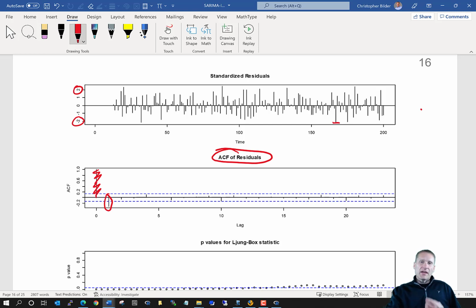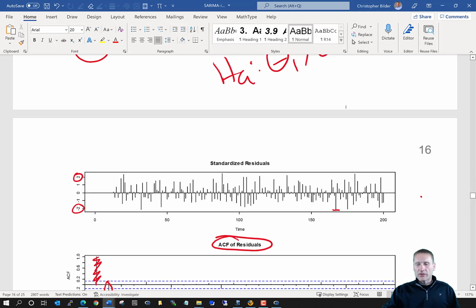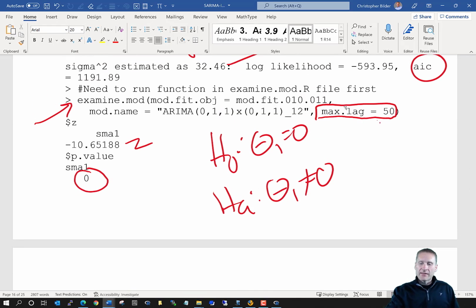Now, one thing that I don't like about this plot is that because it's generated by the tsdiag function, I don't have a way to go beyond the default for the number of lags. When I call my function, that max.lag can only be used for the Ljung-Box-Pierce test.